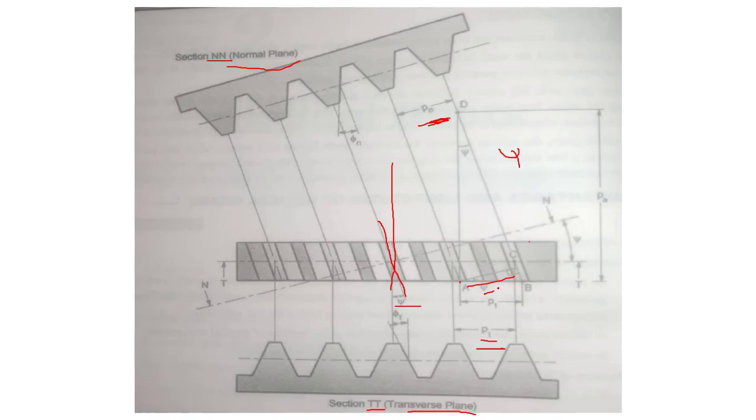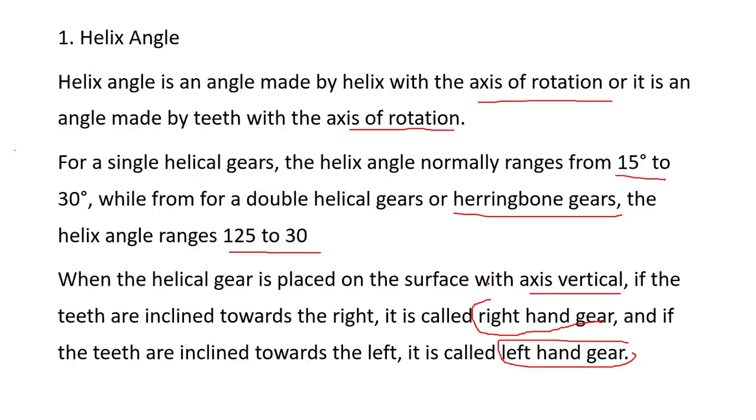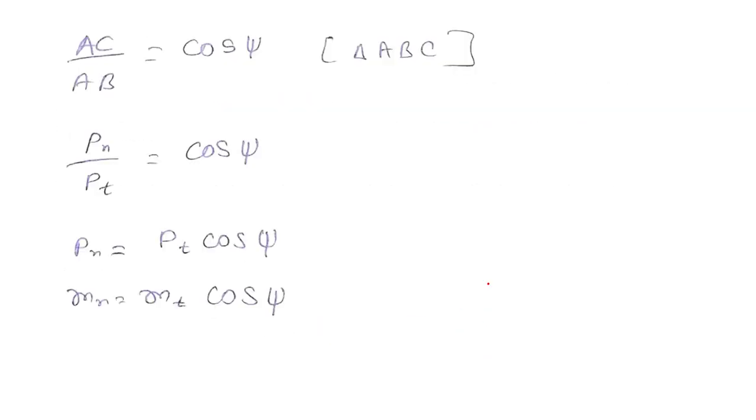So from this triangle we can say that cos psi is equal to AC, the adjacent side, upon AB, the hypotenuse. So from the triangle ABC we can say that AC upon AB is equal to cos psi.